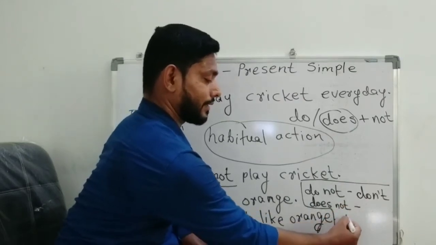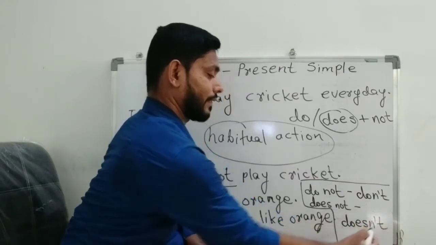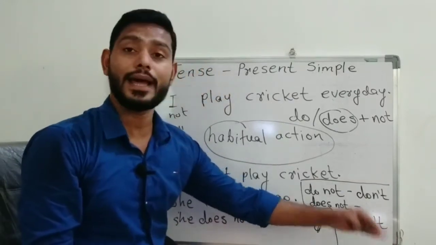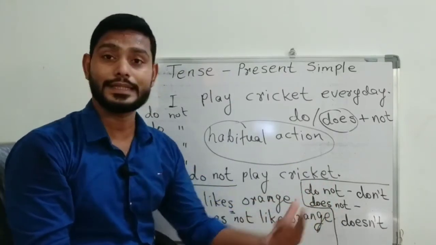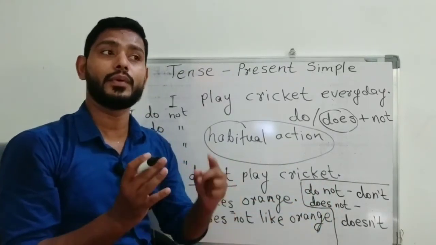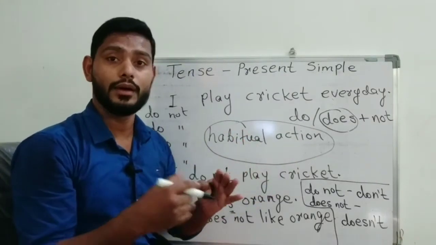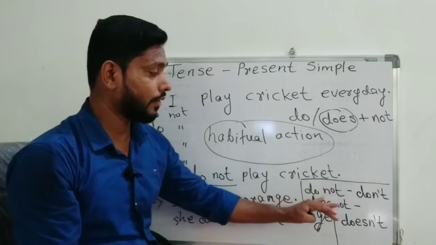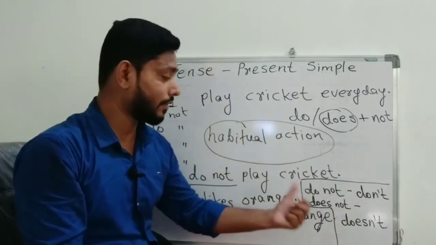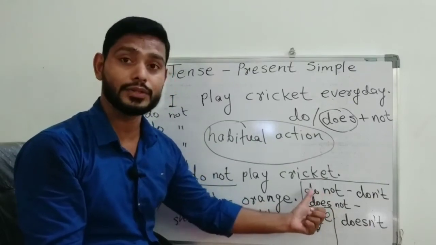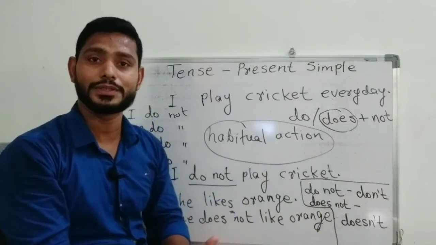Does not is shortened to doesn't, doesn apostrophe t, doesn't. Do not, don't, does not, doesn't. Okay, but remember, when you write anything officially in a formal way of writing, do not follow this contraction form. Official way is only written with the separate way, do not. Okay, there is no short forms used.